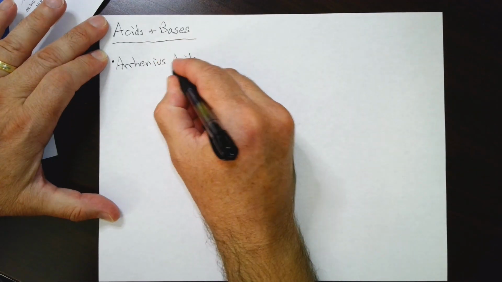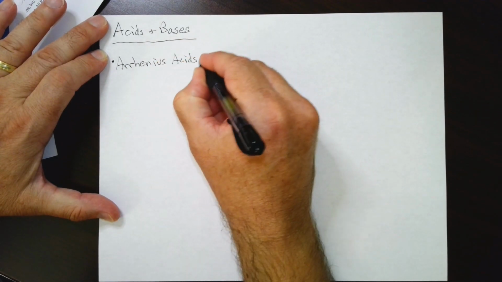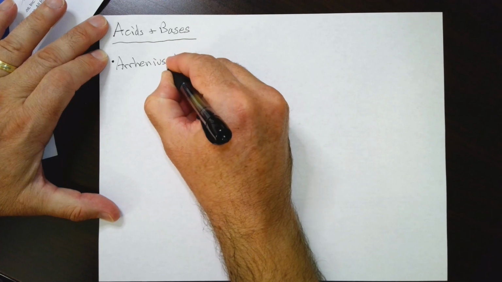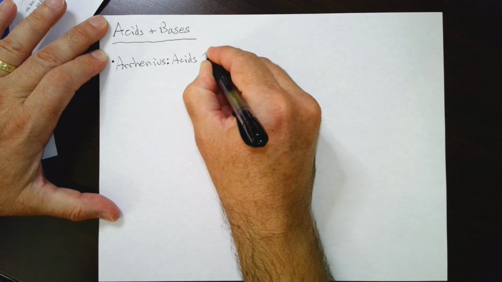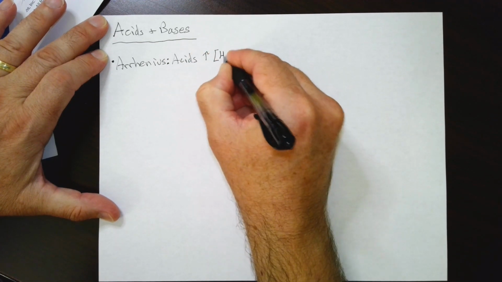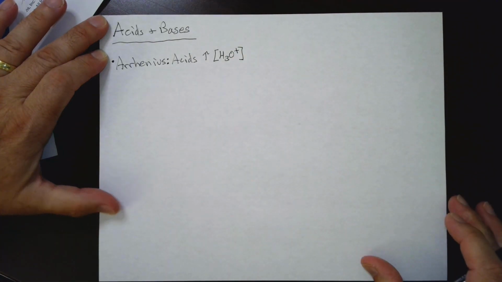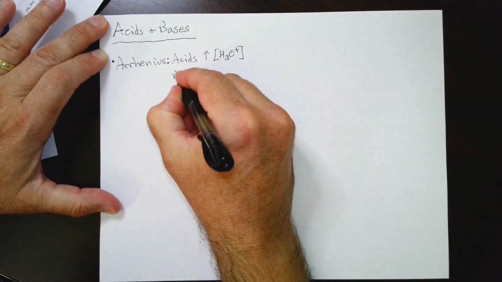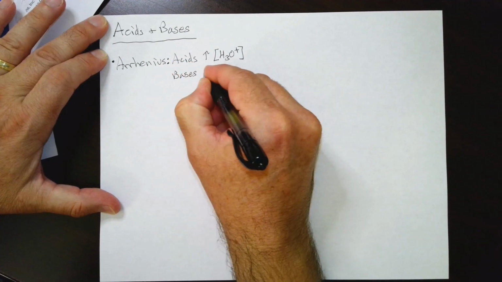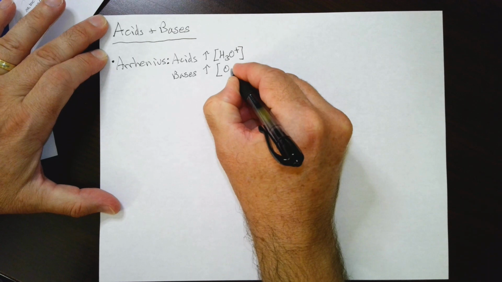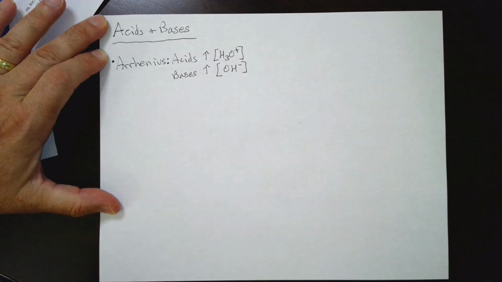Arrhenius acids will increase the concentration of hydronium ions in solution, and Arrhenius bases will increase the concentration of hydroxide ions in solution.